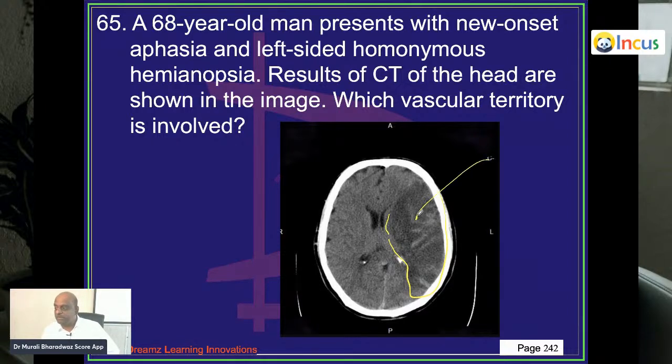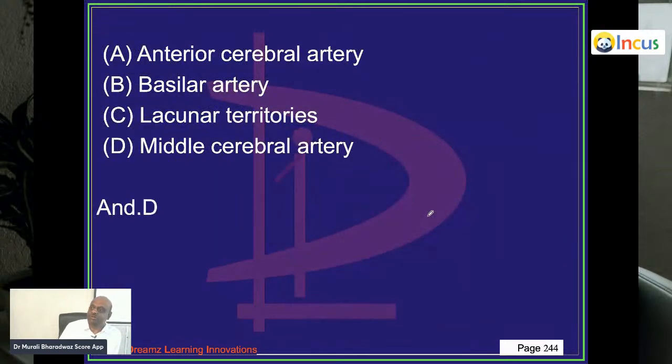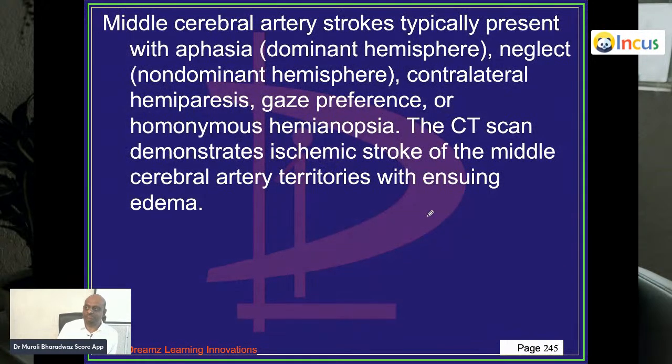So any left middle cerebral artery stroke, left hemispheric infarction, which is the dominant hemisphere in a right-handed individual, will lead to the development of aphasia. Agreed? So, doctor, it is an MCA stroke.